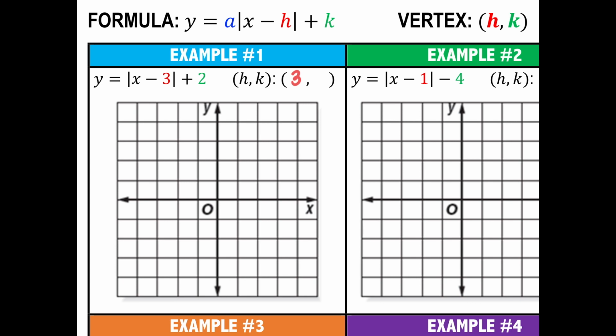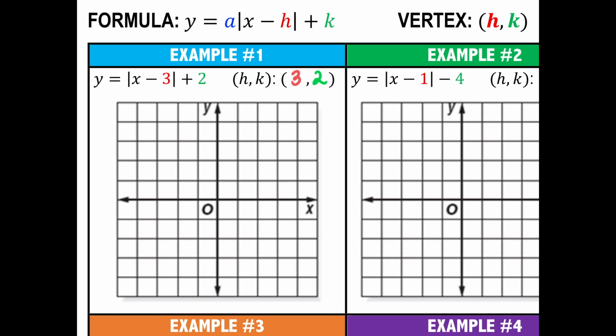And then our y value for the vertex is that constant that's outside, and it'll always be exactly the same. So since we see plus 2 outside of the absolute value, that means our y value for the vertex is positive 2. So our vertex is at (3, 2).